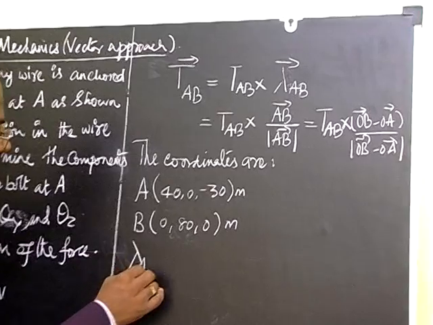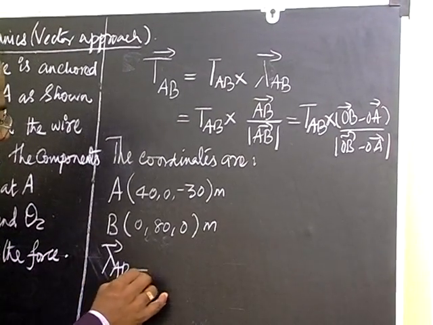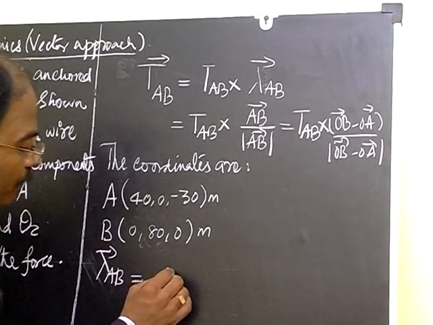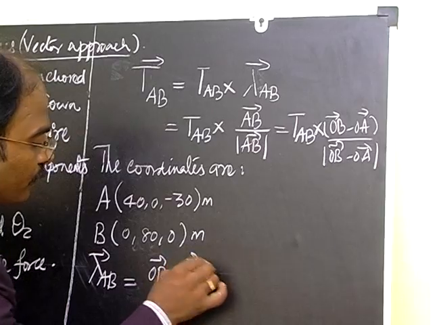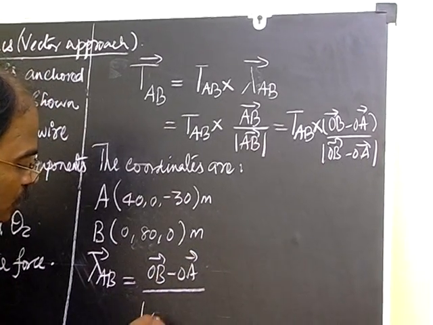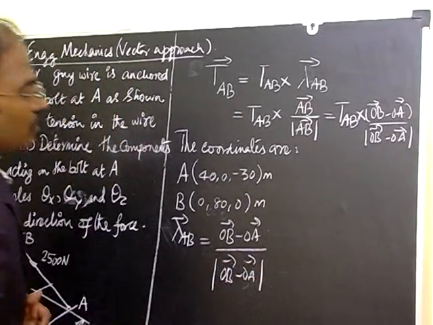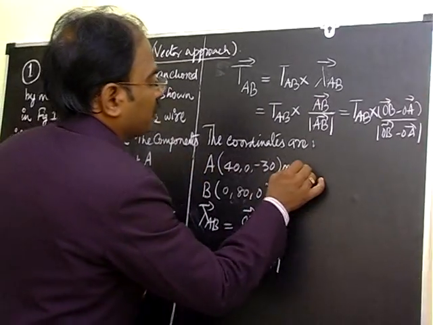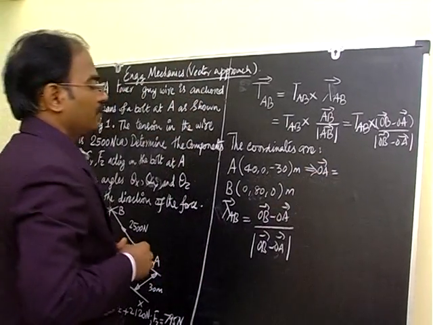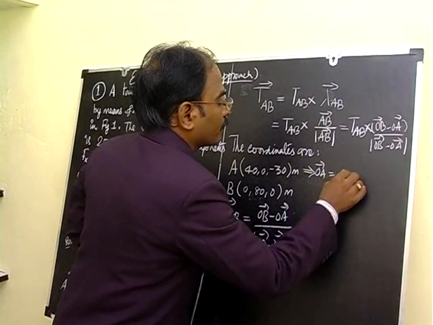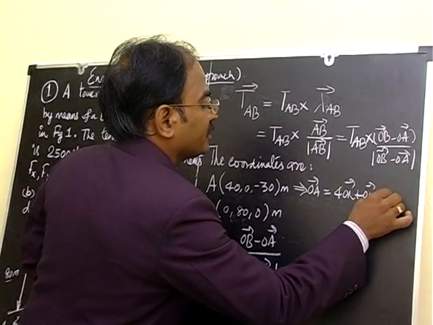So lambda AB vector goes like this. OB vector minus OA vector divided by magnitude of OB vector minus OA vector. So corresponding to A, the position vector OA can be very easily written as OA vector equal to 40i plus 0j minus 30k.